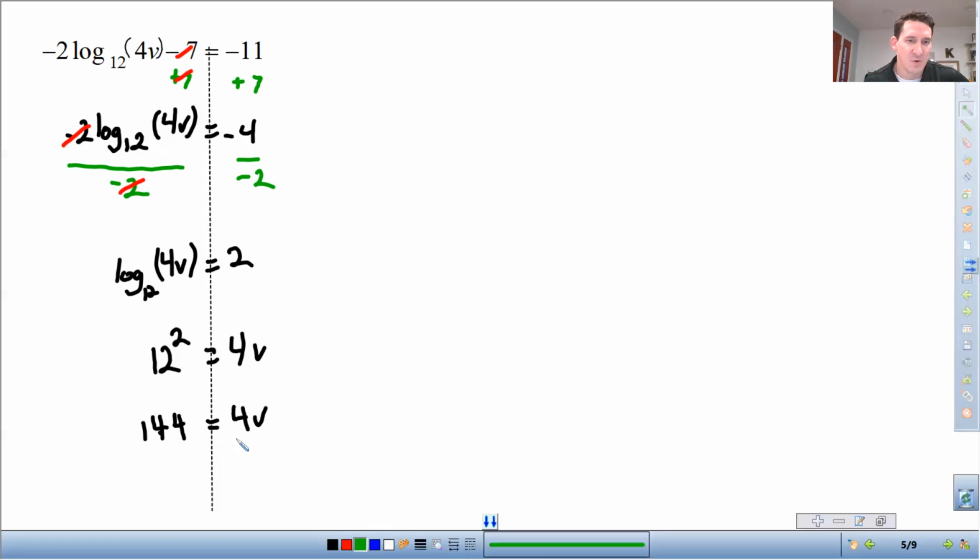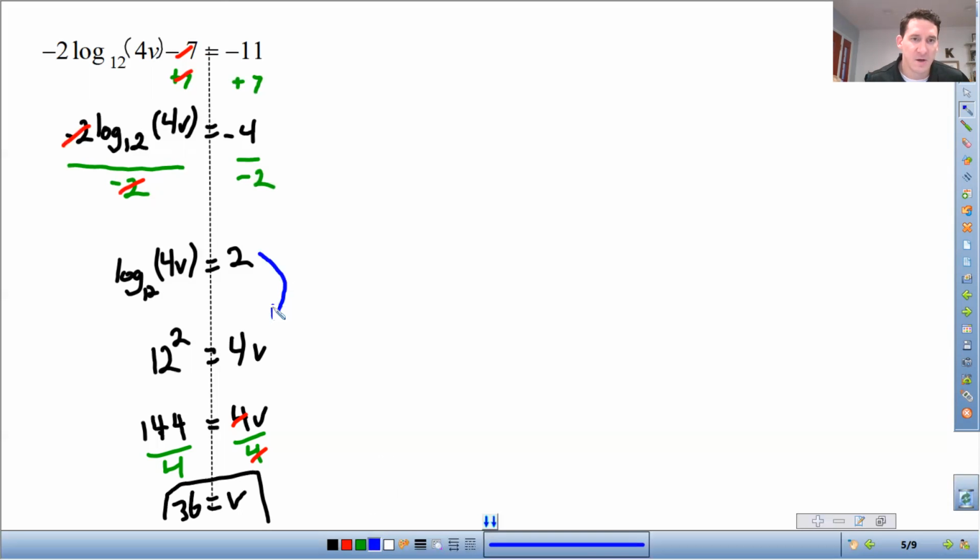And then divide both sides by 4. I get 36 is equal to b. All right. So again, just want to make it clear, from here to here, you write as an exponential.